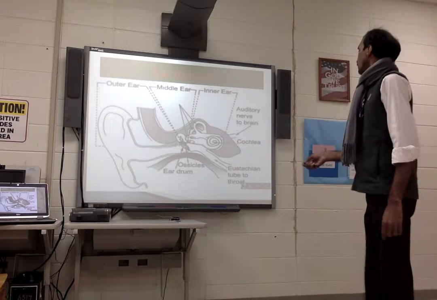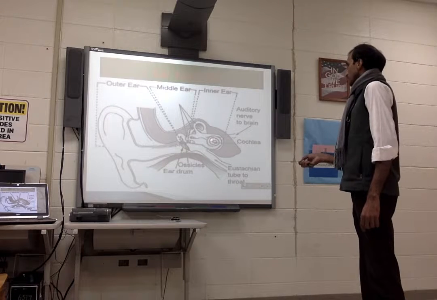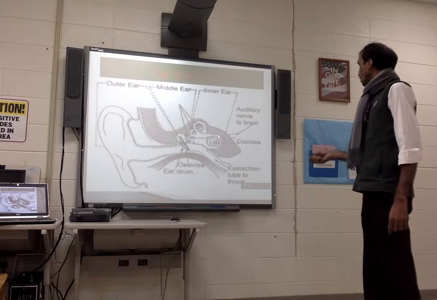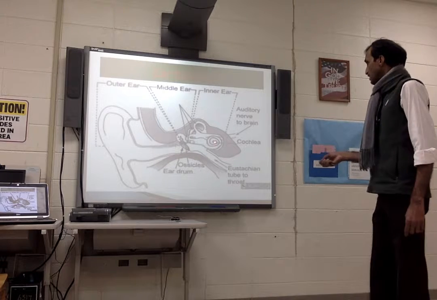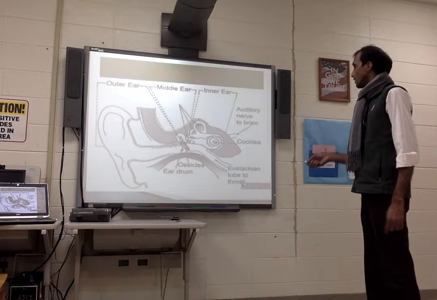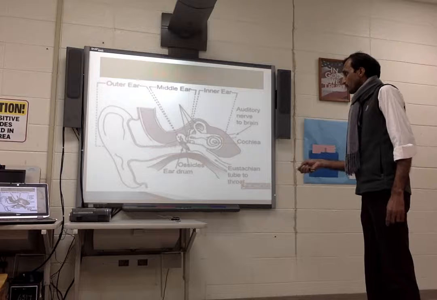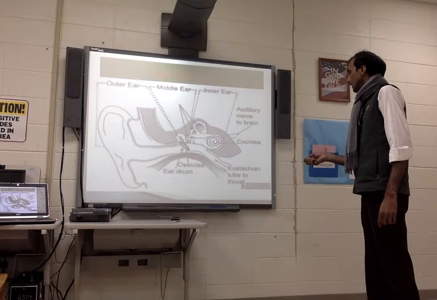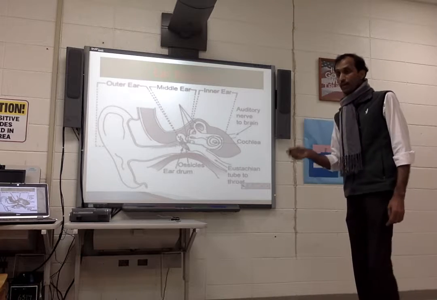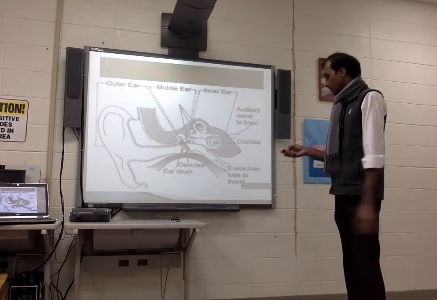In the inner ear there is the cochlea, which is attached to the auditory nerve that takes signals to the brain. So sound comes to the outer ear, passes through the middle ear, goes into the inner ear, the cochlea translates the signals to the auditory nerve, and the brain receives the signal. This is the mechanism of the ear.